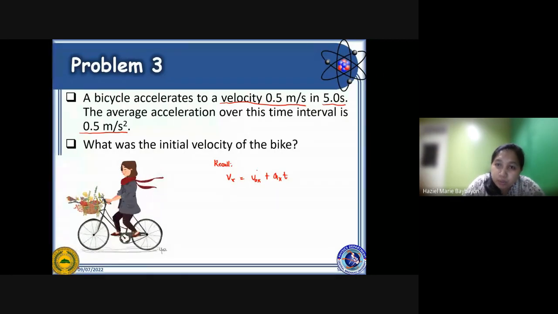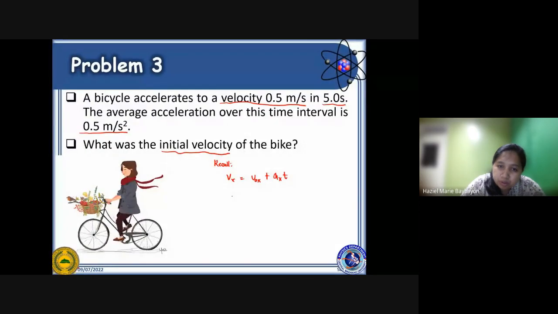Now we are given the final velocity, and our initial velocity is what we are looking for. So initial velocity is unknown. And then we are given also A sub x and t.